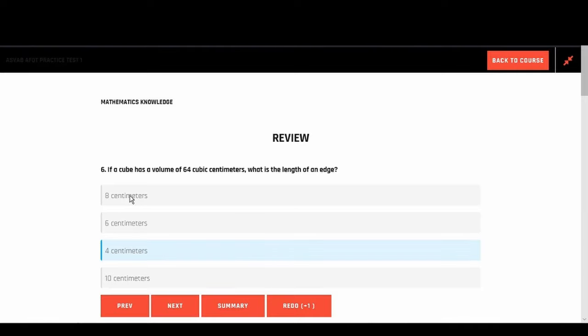Number 6 says if a cube has a volume of 64 cubic centimeters, what is the length of an edge? Now, I like to regard a cube as a three-dimensional square, in that all the lengths of the sides are equivalent. So if you know one length, you're going to be able to find all the other lengths.